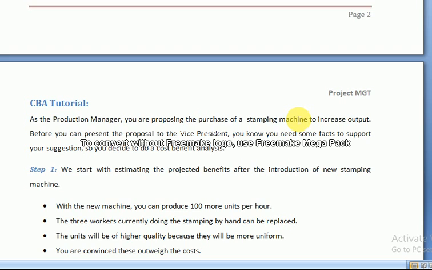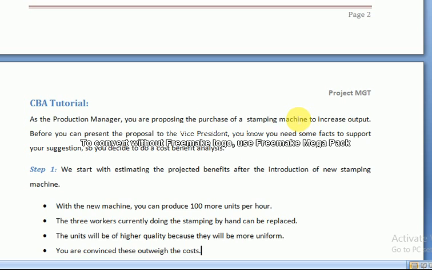So they will affect the results, and when the results are affected, automatically the decisions of the project manager will also not be proper decisions.